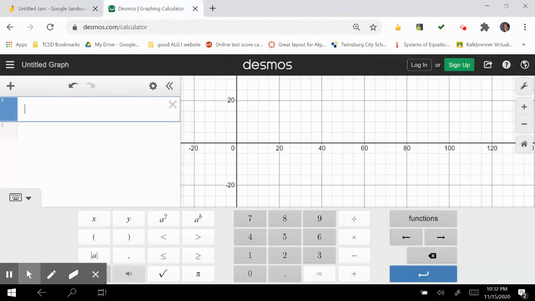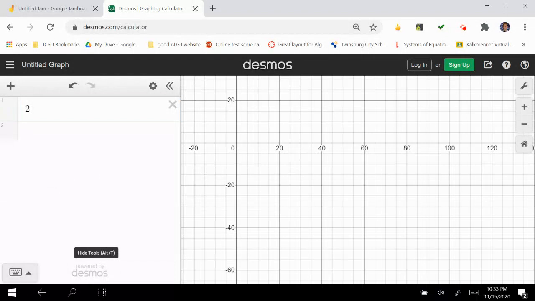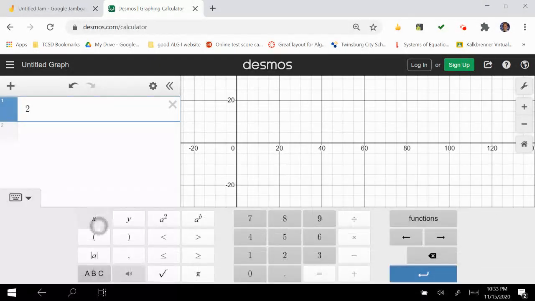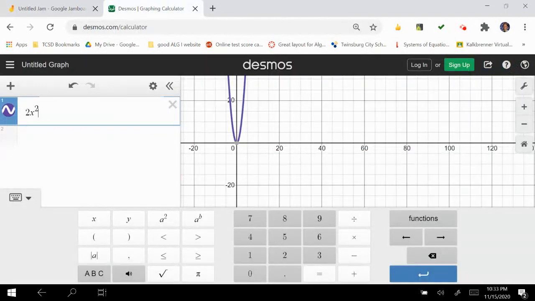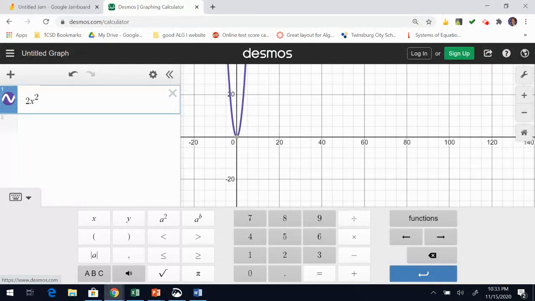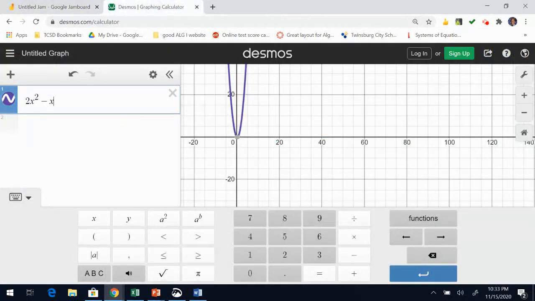So when I do that, I get 2x squared minus x minus 3 as well.